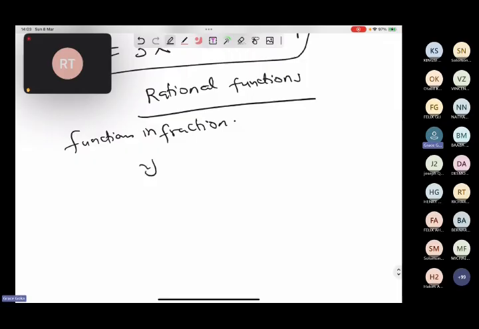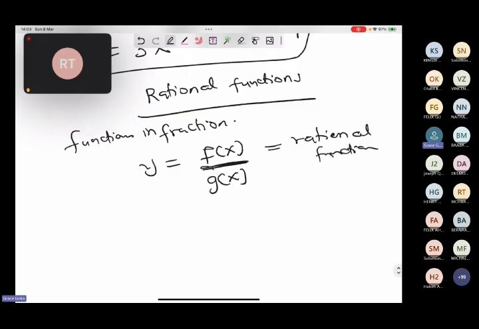So this time we are not looking at just y is equal to f of x, but we are looking at functions of the form y is equal to f of x divided by g of x. These are what are known as rational functions, where the numerator is one function and the denominator is another function. Now let's see if we can find the domain of these rational functions.